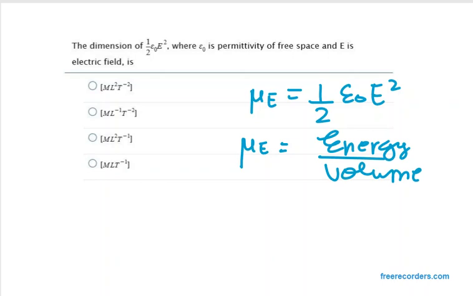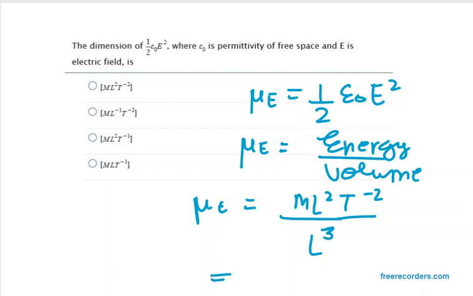Now you all know that energy can be written as mL square T minus 2 and volume is written only in terms of length, so it is L3. Now we will solve this part. It will be M as it is, L will be minus 1 and T will be minus 2. So my right answer to this equation is the second option.